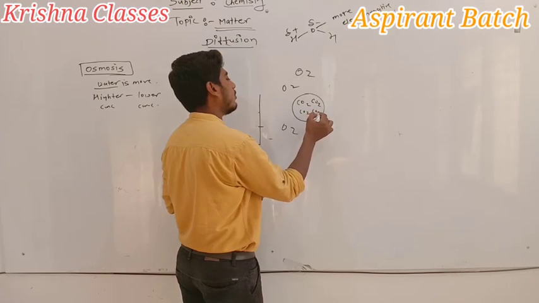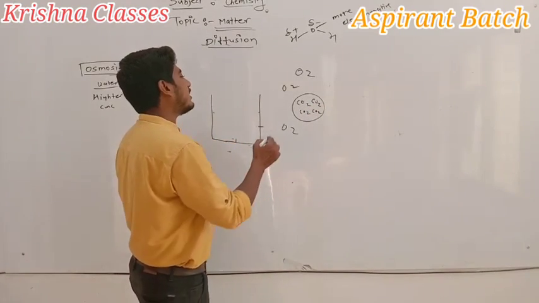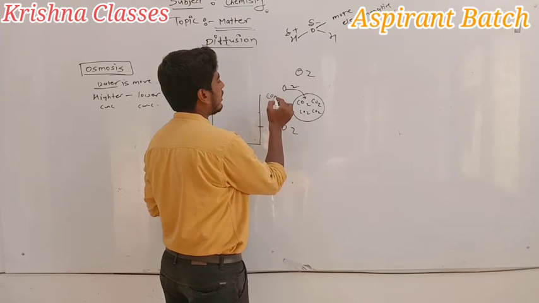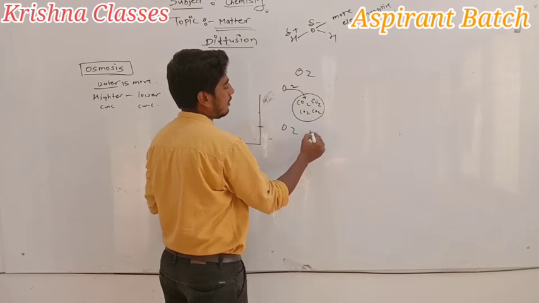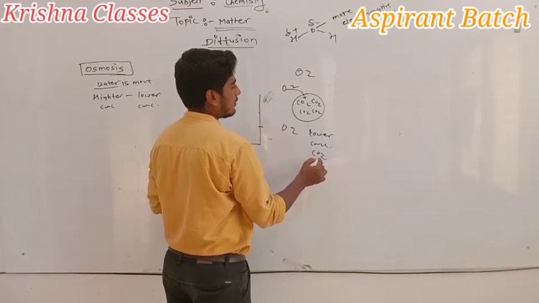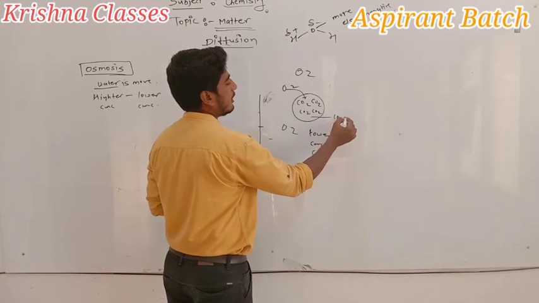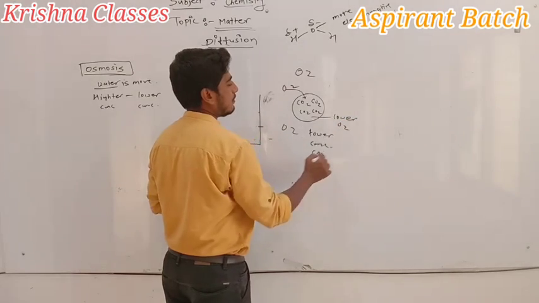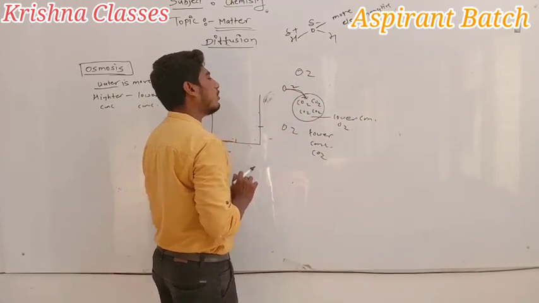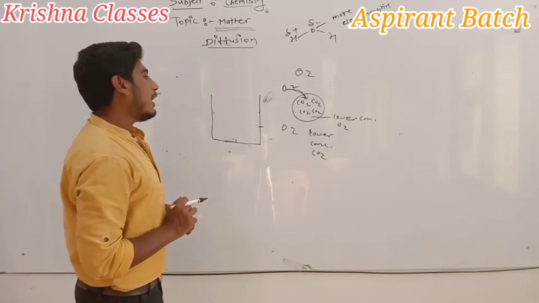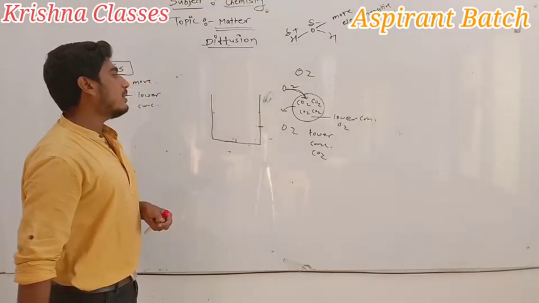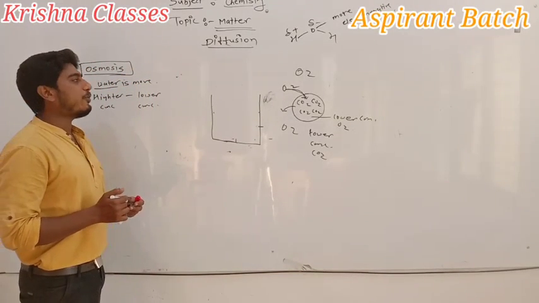So oxygen is able to transfer into the cell, and here the concentration of carbon dioxide is lower, and here the concentration of oxygen is lower. Hence the oxygen moves into the cell, and the carbon dioxide is thrown outside of the cell. This is called the diffusion process.